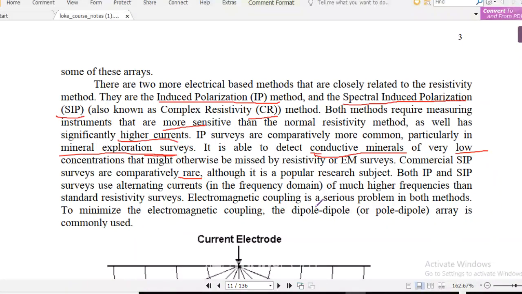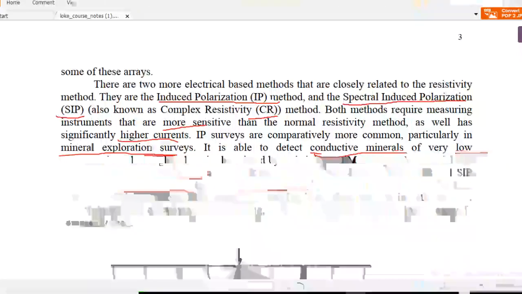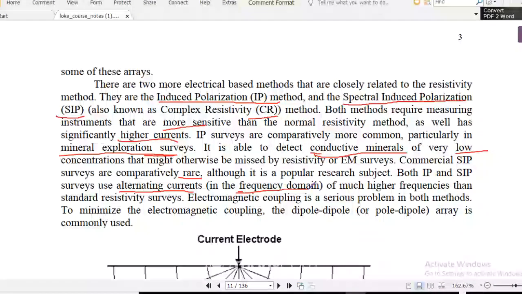Both IP and SIP surveys use alternating current in the frequency domain, of much higher frequency than standard resistivity. The frequency of IP and SIP is much higher than the standard resistivity survey.